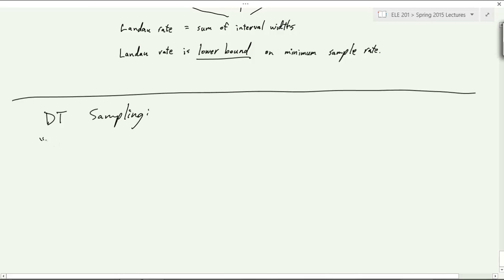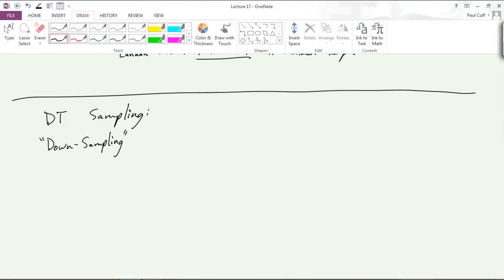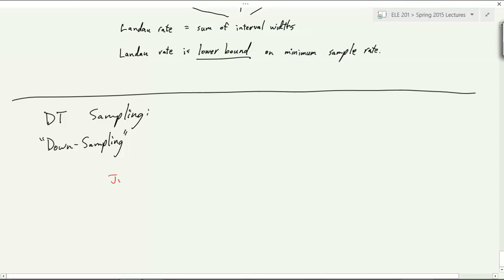So here we call this downsampling, and then the reconstruction you call upsampling. All right. So first of all, this is just like continuous time sampling.